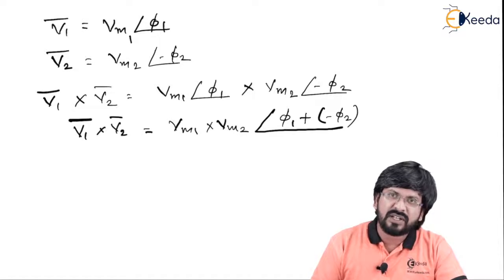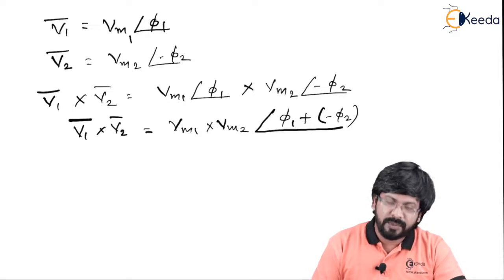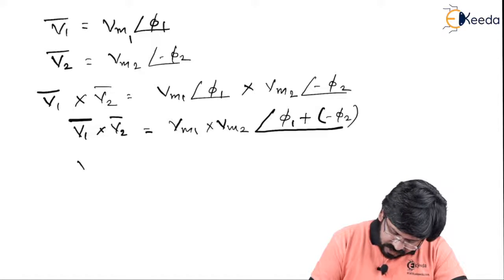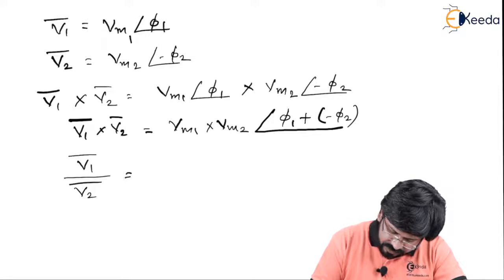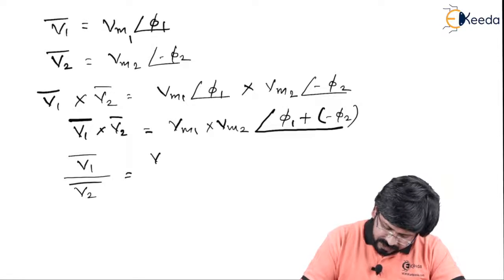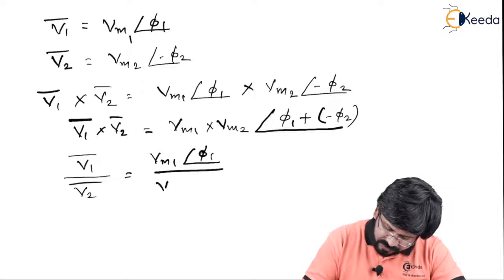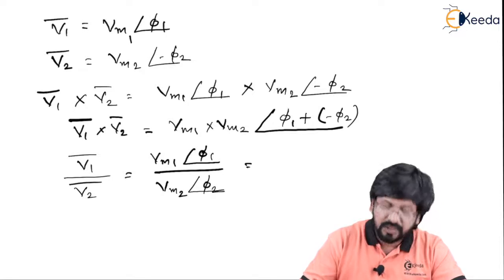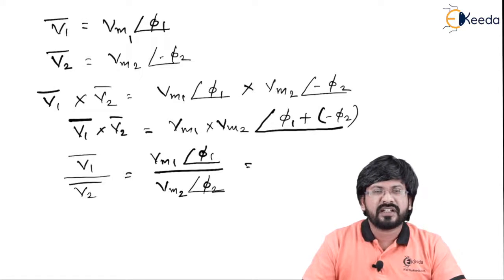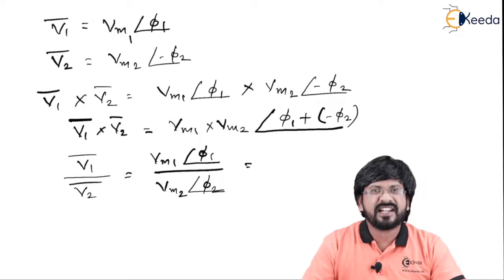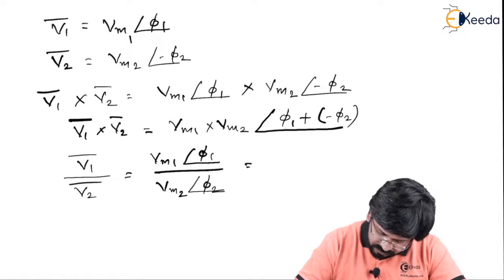Not only for multiplication but even for division, polar form is appropriate. We will see how. Suppose you want to divide two signals, that is V1 vector by V2 vector. Then it will be Vm1 at an angle of phase phi1 divided by Vm2 at an angle of phase phi2. When two polar values are divided, their magnitude gets divided but angles get subtracted.